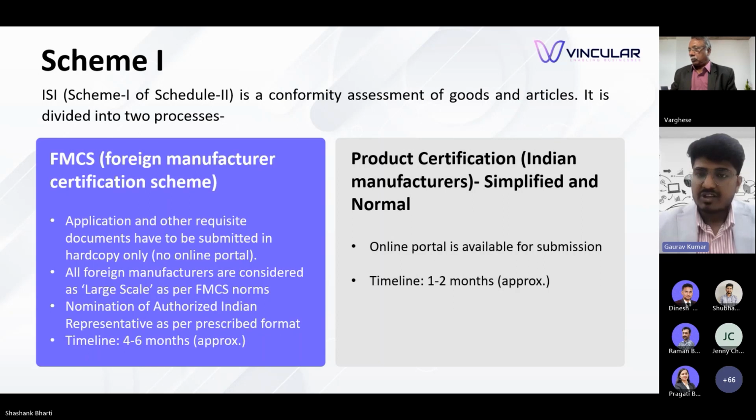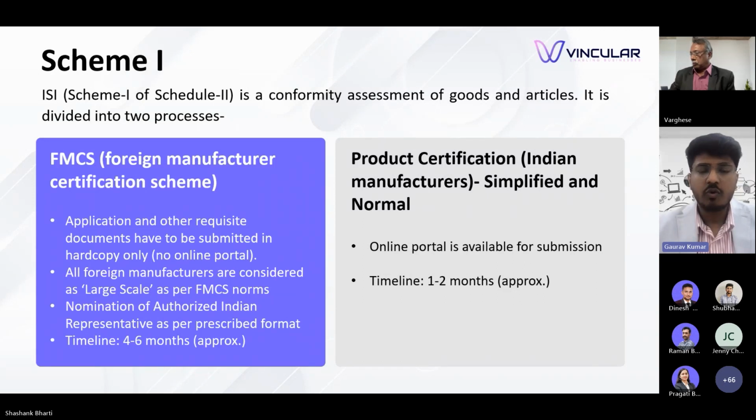Also in FMCS, one of the mandatory criteria is the nomination of an authorized Indian representative as per the prescribed format. So this is also an extremely important point. The expectation is that the factory which is actually manufacturing the goods is based outside the country.